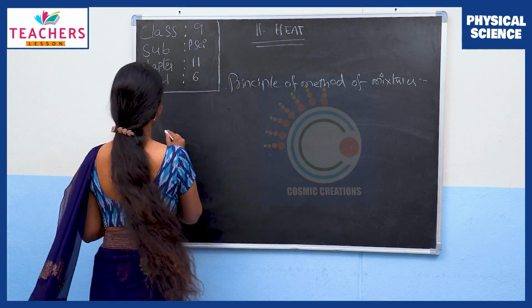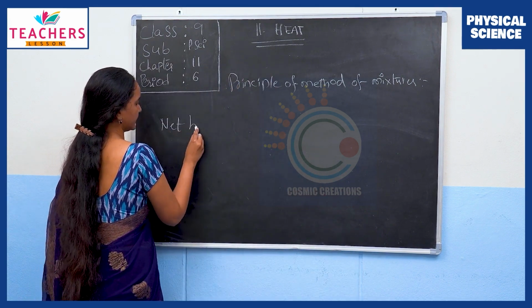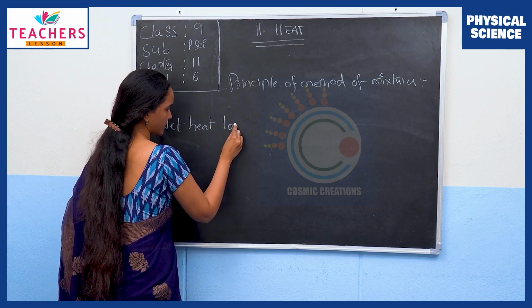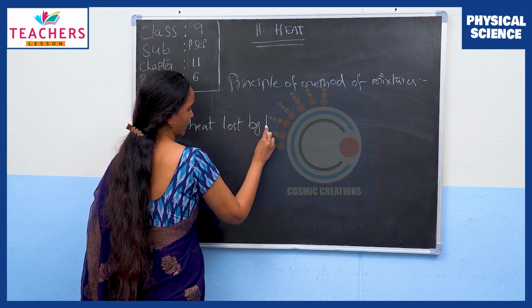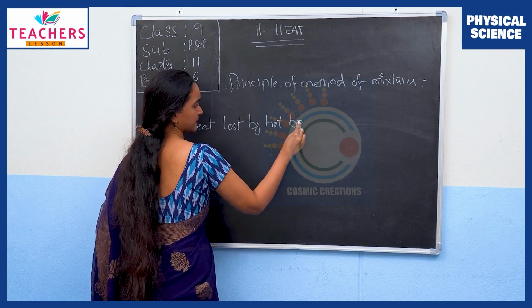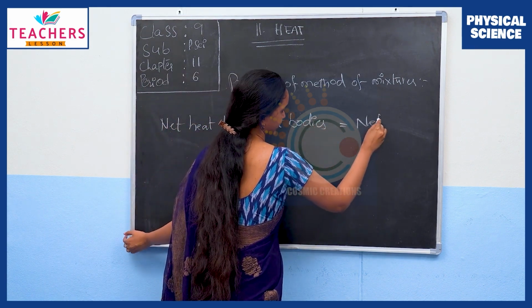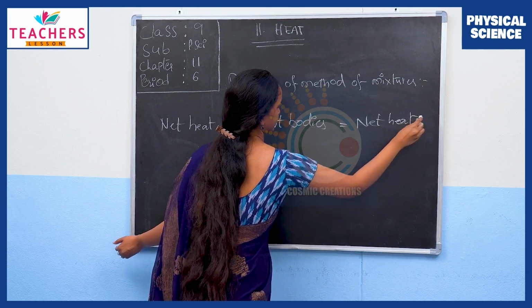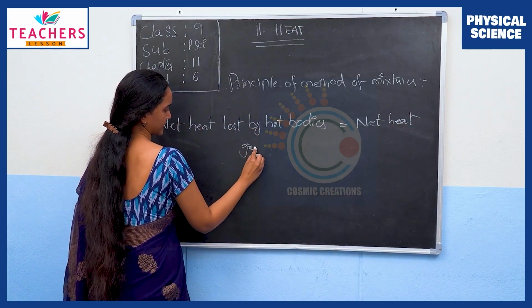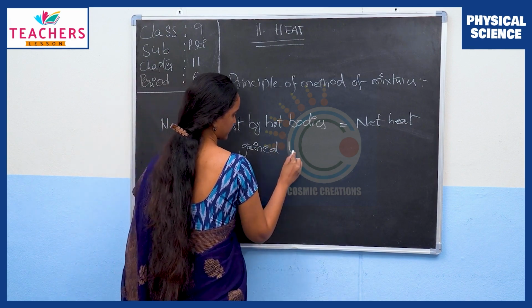That means the net heat lost by hot bodies is equal to the net heat gained by the cold bodies.